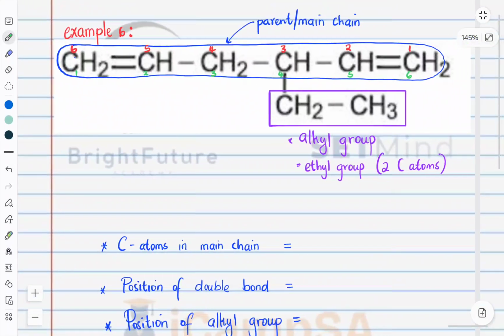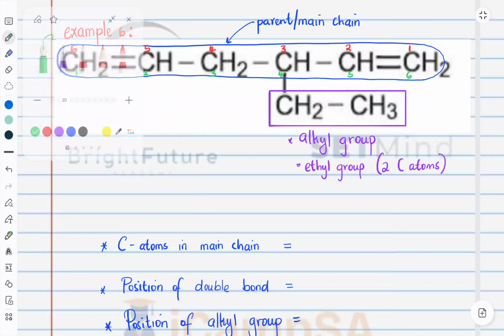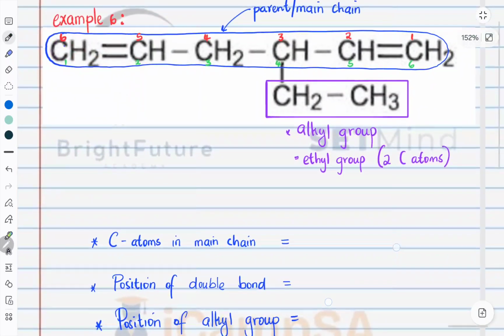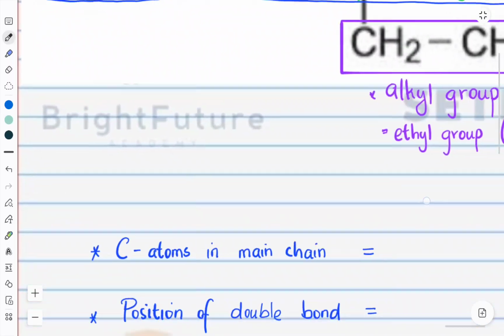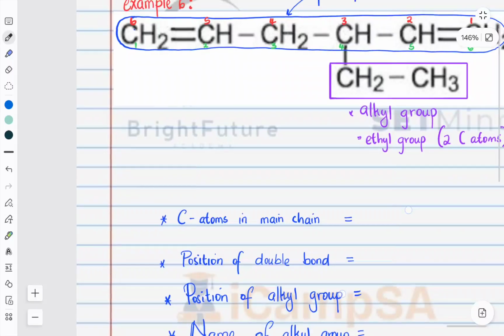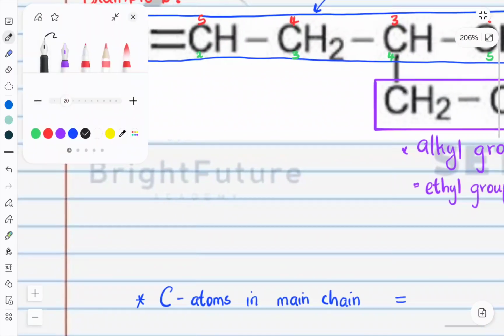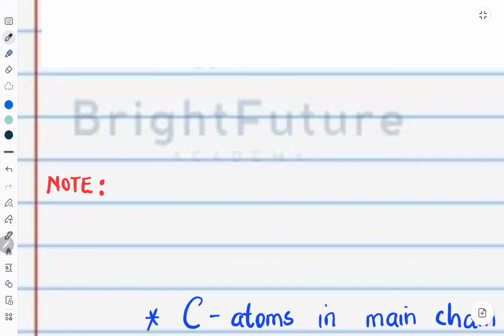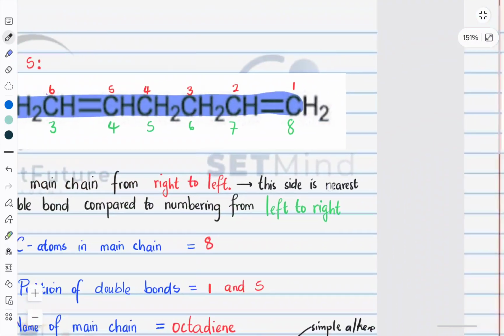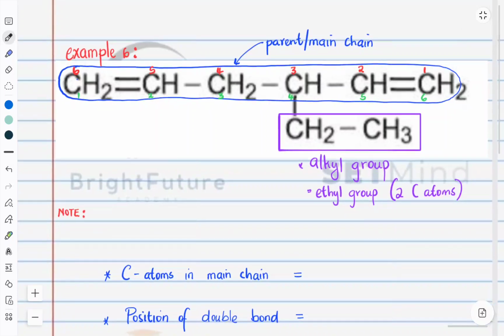So let's name it here. But before we get there, I want us to note that numbering from whichever side doesn't make much of a difference, but we prefer numbering from right to left because the alkyl group is closest like that. It's at the nearest.